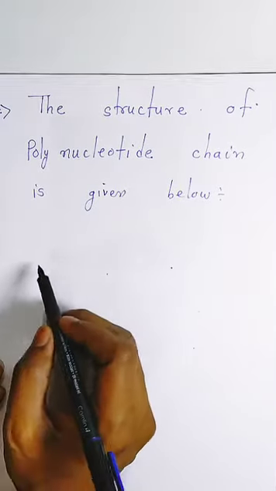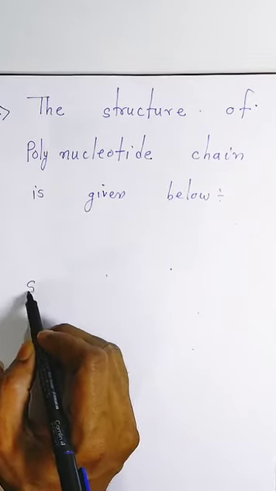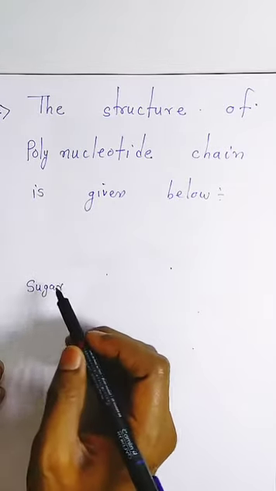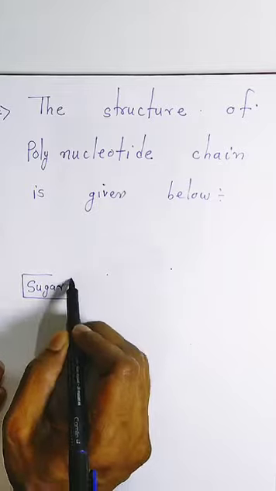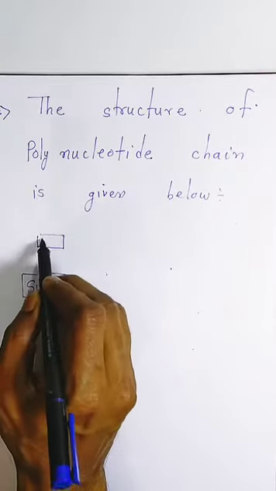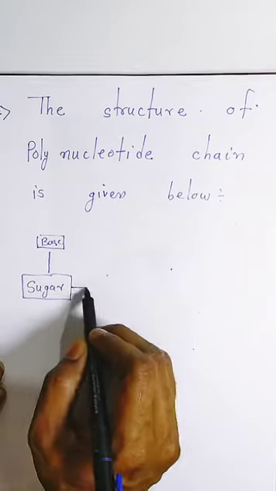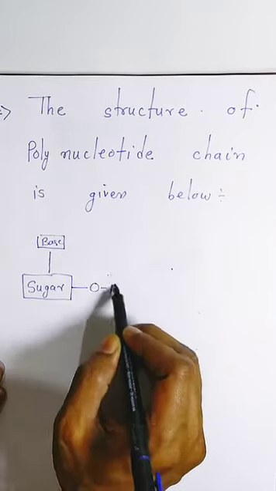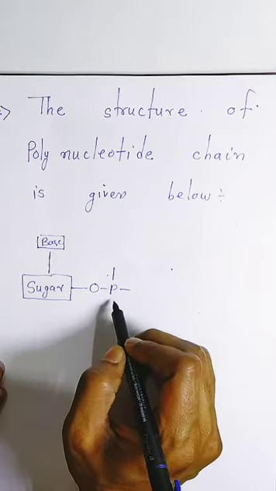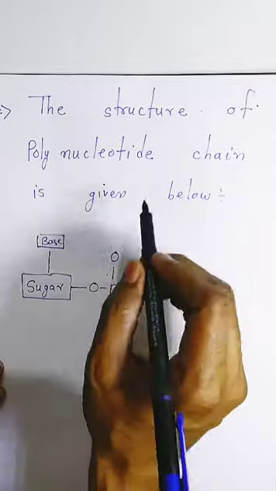First, this mononucleotide molecule I am writing. It consists of sugar, and this sugar is attached to the base, and it is also attached to the phosphoric acid. This phosphoric acid is again attached to the sugar.